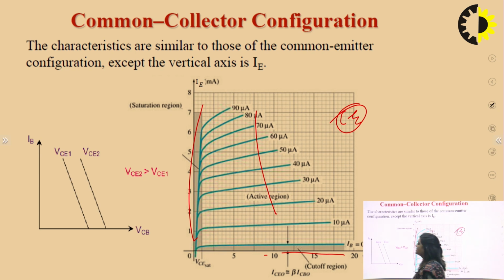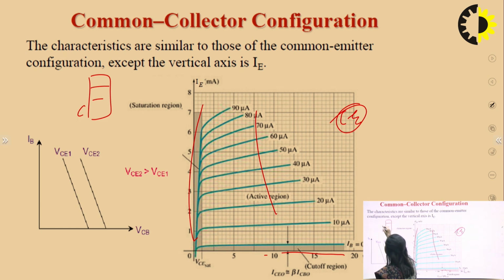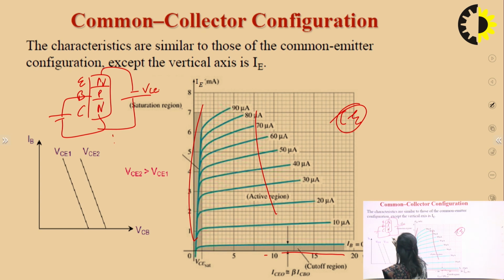But in the case of the input characteristic, we know from the circuit that we have drawn, the circuit was in this way: N, P, N. This was the collector, this was the emitter, and this was the base. This was forward bias and this was reverse bias. So this is the VCE, the voltage applied across this, which is equal to VBE plus VBC.